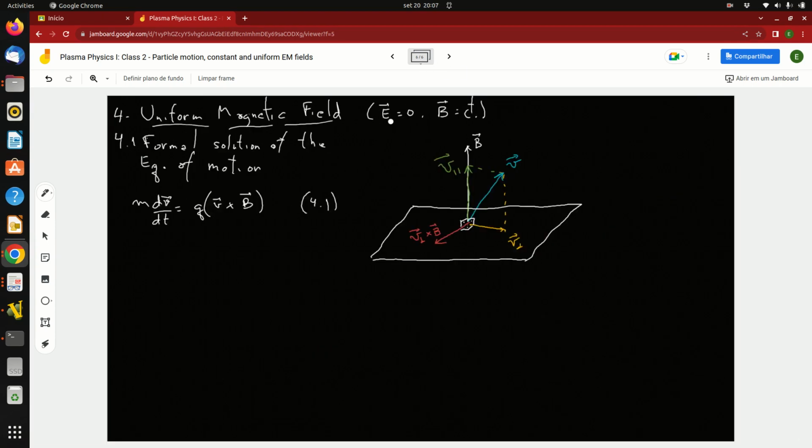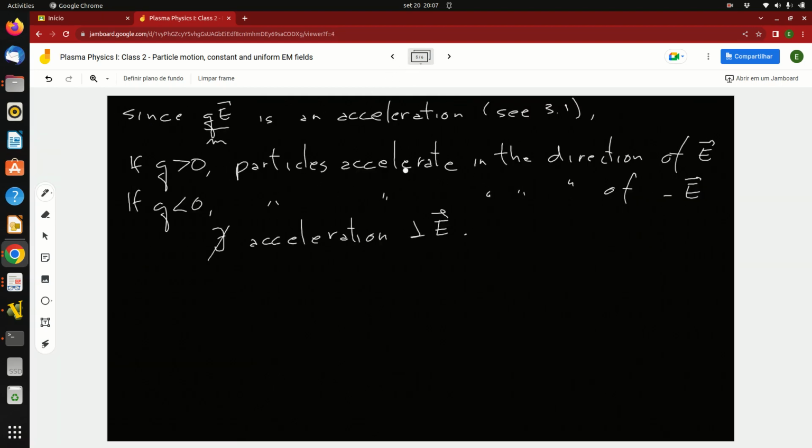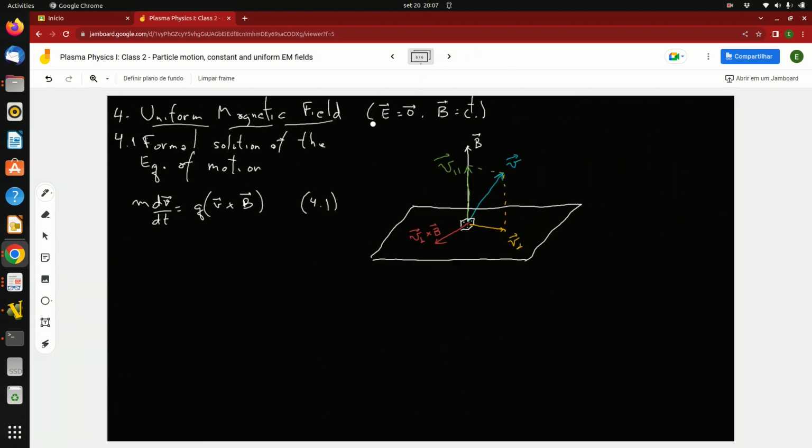Okay, now let's go back to the first case where we had zero electric field and constant magnetic field. We had previously concluded that there is conservation of kinetic energy if you don't have electric field. So if you have electric field, then you have acceleration of particles, but if you don't have it, you don't have acceleration.